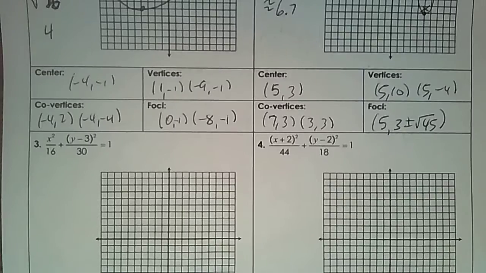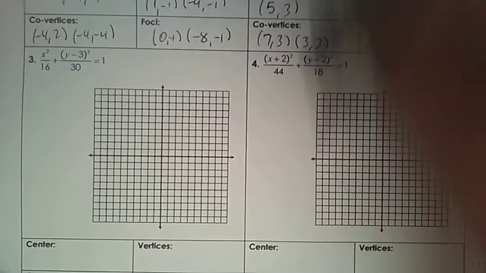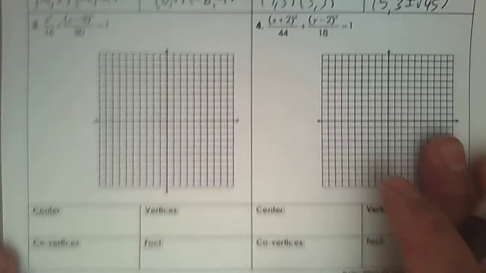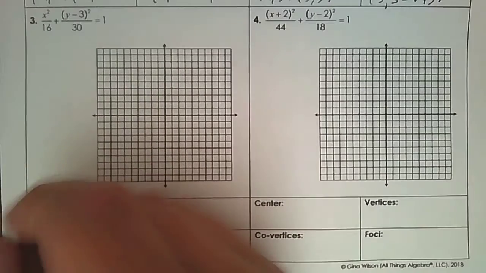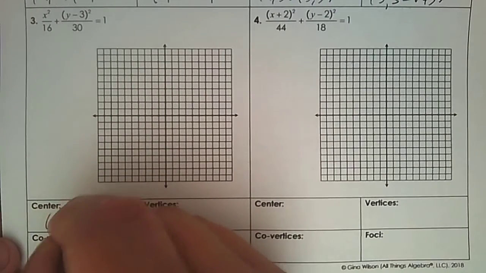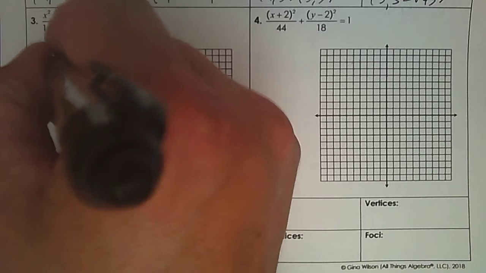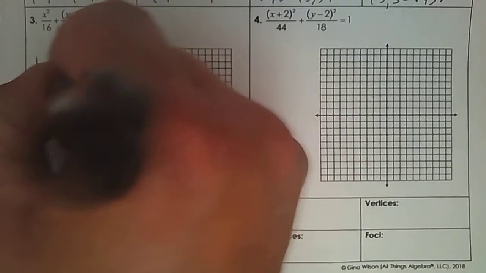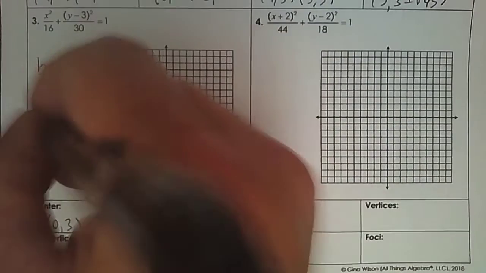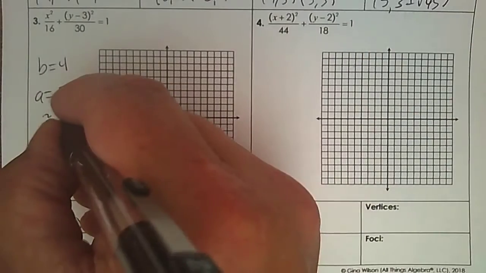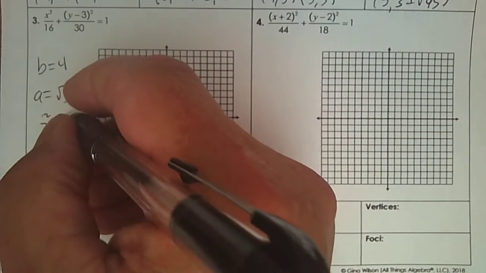Number 3. The center is at 0 and 3. The square root of 16 is b. The square root of 30 is actually a because it's bigger. I'm going to approximate that at about 5.5 or so.